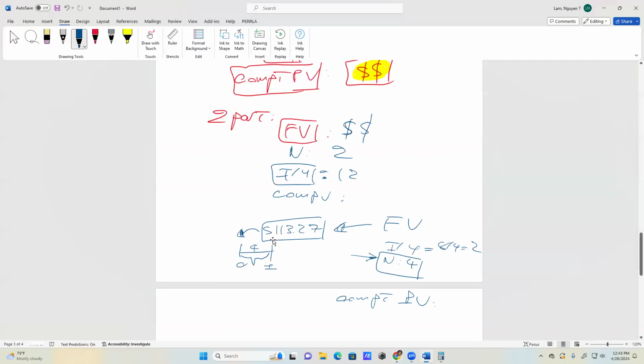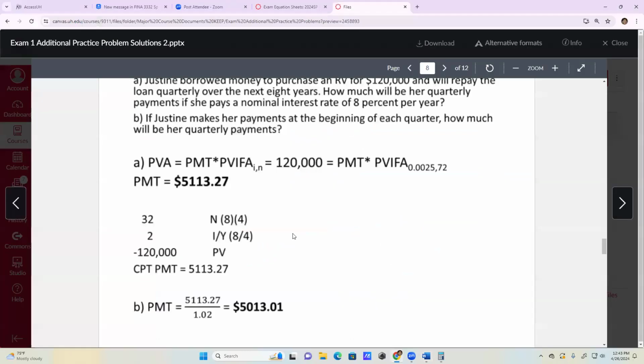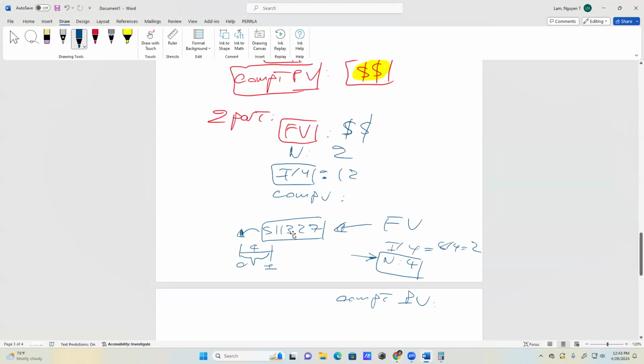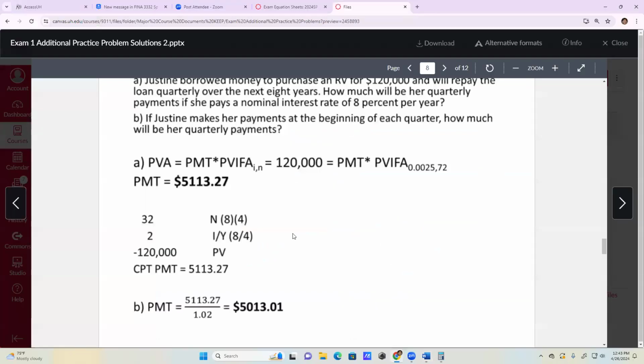Okay, let's try with me right here. You're going to put 5113.27 as future value. How do I know if I have to put a negative or positive? Maybe that's the issue. I would put a positive.